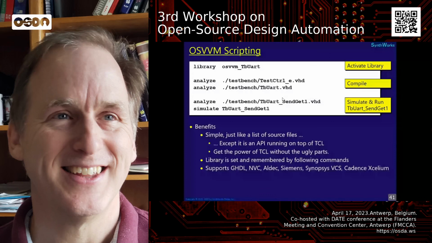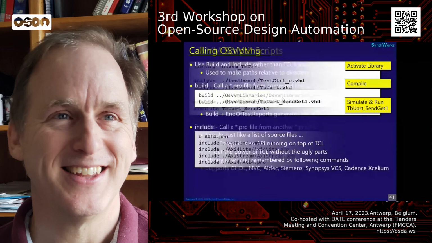And note, when we activated the library, we use that same library for the rest of the commands that follow it. So the library is set and remembered, and we work on basically all of the popular VHDL simulators with the exception of Xilinx's XSIM. We're waiting on them to get good 2008 support.